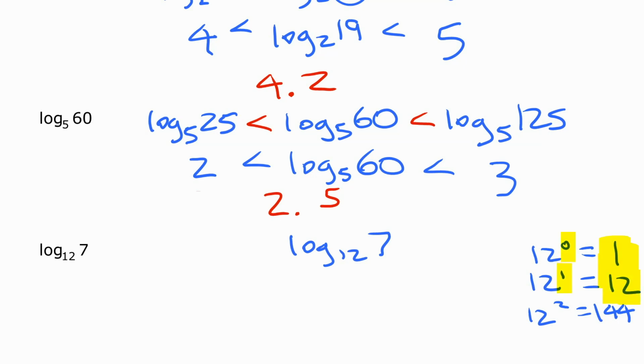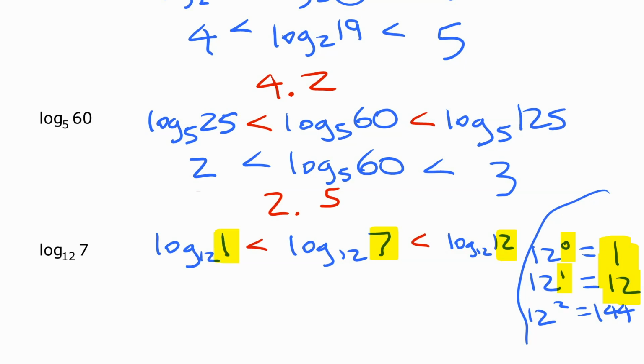So the two logarithms we're going to use are log base 12 of 1 and log base 12 of 12. And we know it's going to be less than this one and greater than that one. And again, the reason is because 7 is less than 12 but greater than 1. And those two we know, this is 0, this is 1. And so that value is between those two.